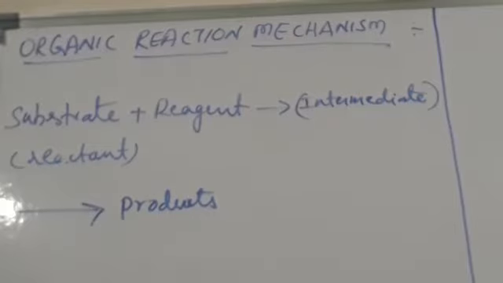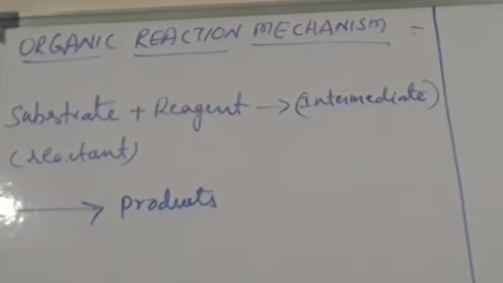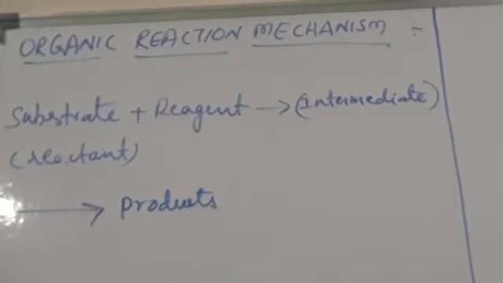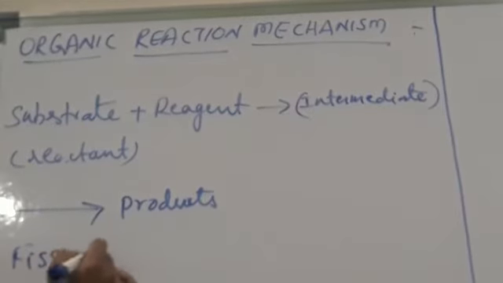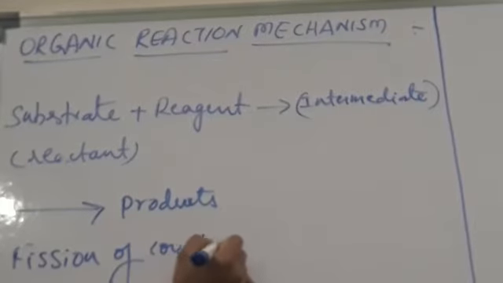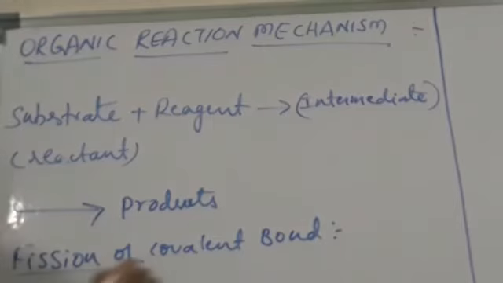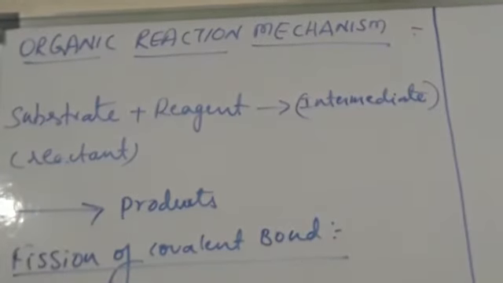Fission is of two types: homolytic fission and heterolytic fission. Next, fission of covalent bond. Fission is of two types.